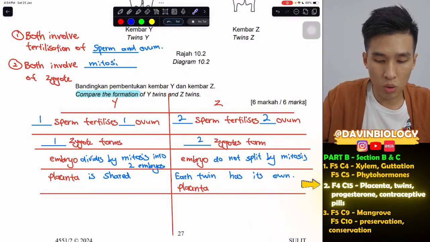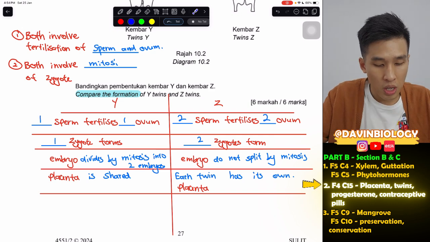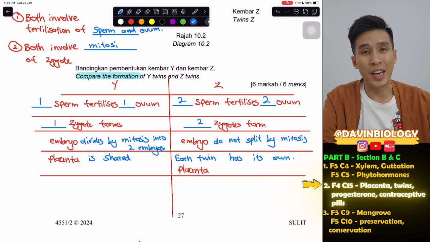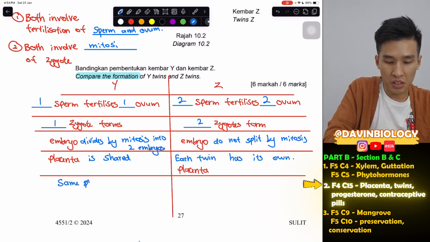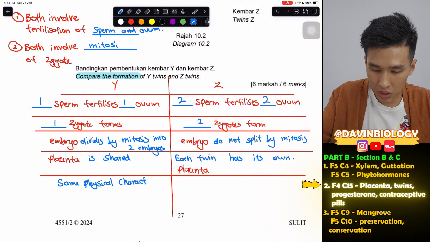Now for this question, you also can talk about the twins' characteristics, not entirely about the formation. Even though we have 6 marks already, a few more things you can say. Basically, identical twins will have the same physical characteristics. Physically they look the same: same eyes, same eyebrows, same hair, same looks.